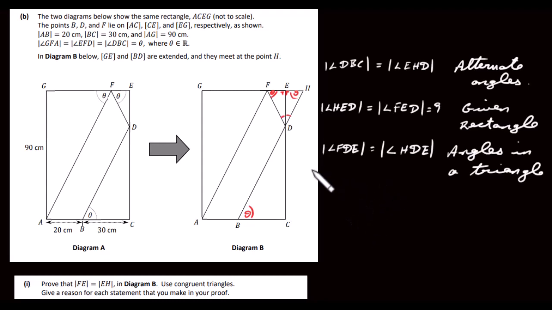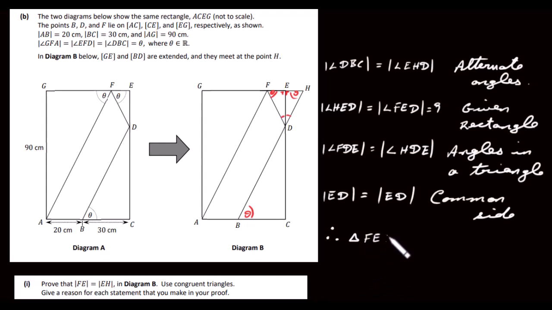So to show that they're congruent, what I'm going to do is say that ED is equal to ED. So the distance ED is equal to the distance ED. It's a common side. Now we can say, therefore, triangle FED is congruent to triangle EDH.